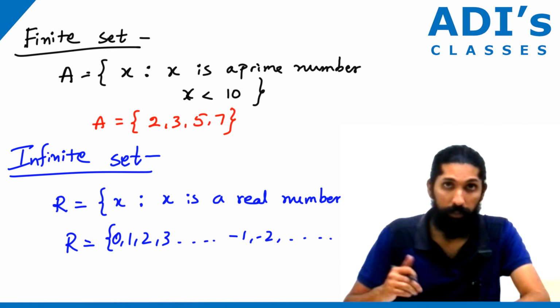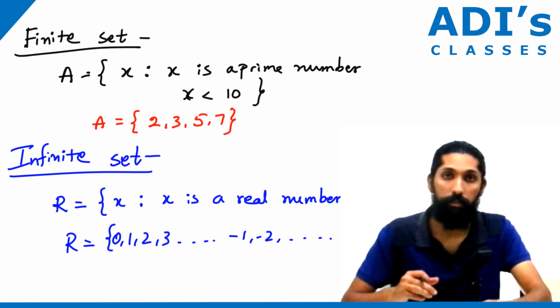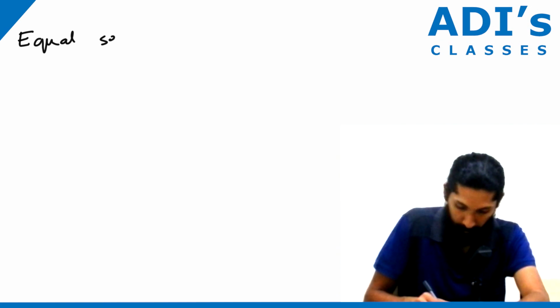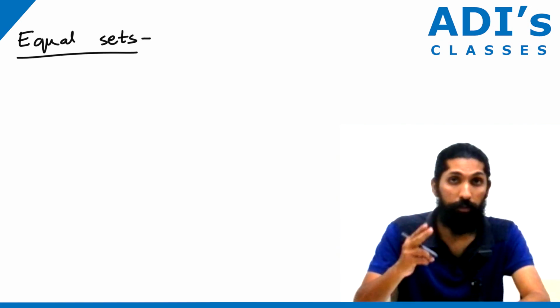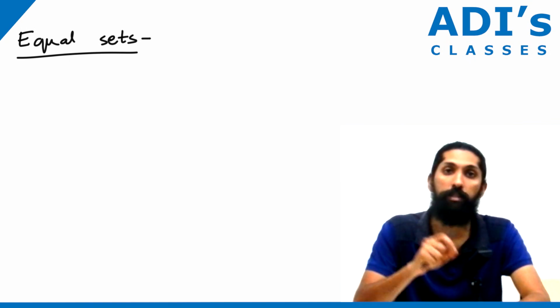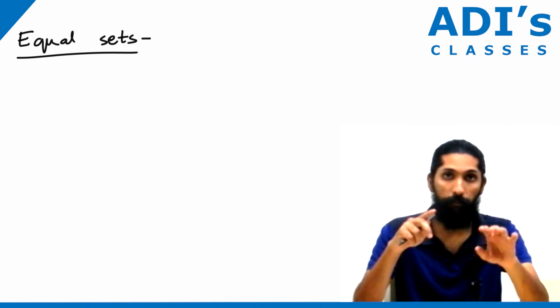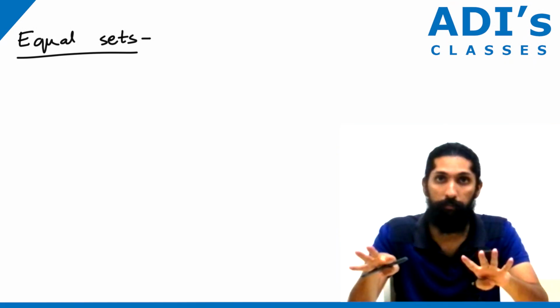The next type of sets we are going to discuss are equal sets. Two sets are said to be equal if they have the same number of elements and also the same elements. If one set has 4 elements, the other has to have 4 elements and the same elements.